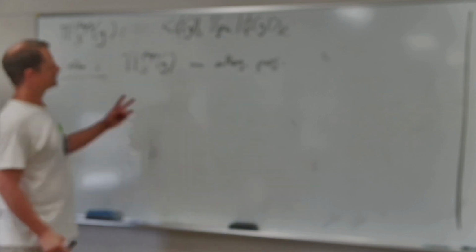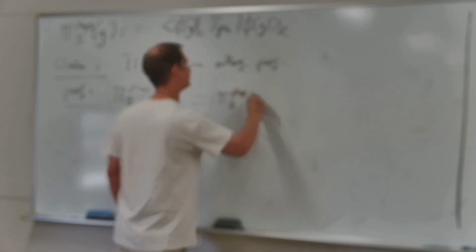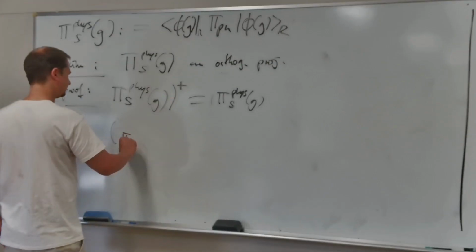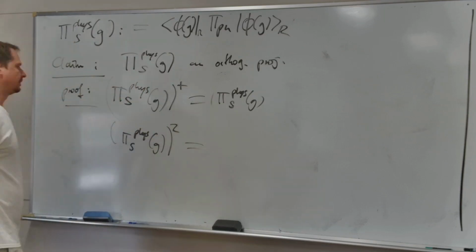Okay, what you can immediately see is, so proof. If I dagger this, it's clear that I get the same thing back. Formally, of course, pi s phys of G. I'm not doing anything here for unimodular groups, of course, because I'm using here that pi p n dagger is pi p n. And now we want to take pi s phys G squared to see that it is really a projector.